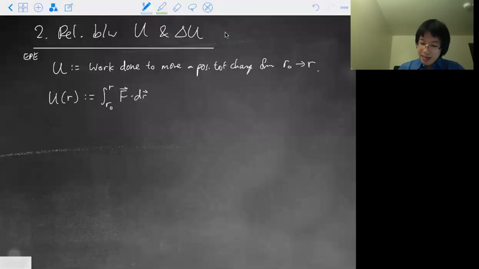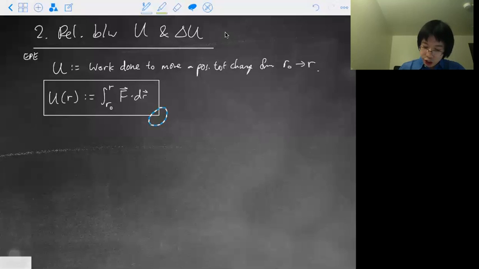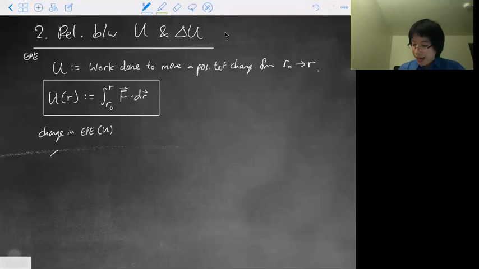Okay. And very quickly, if we look at the change in electric potential energy, or U, whatever you like to call it, we'll call it delta U, it is the work done to move a positive charge from point RA to RB, exactly the same.